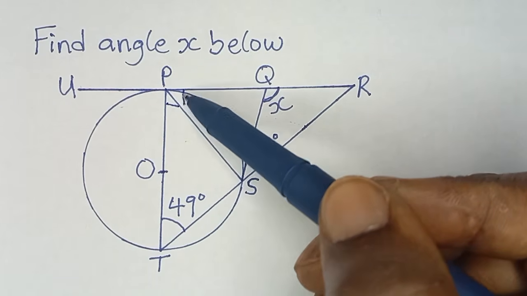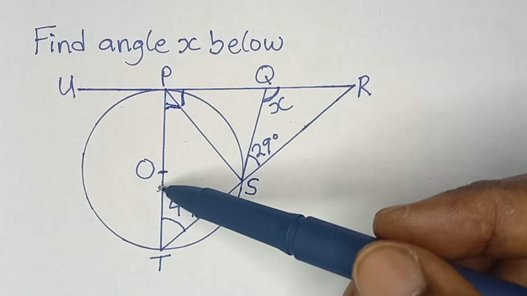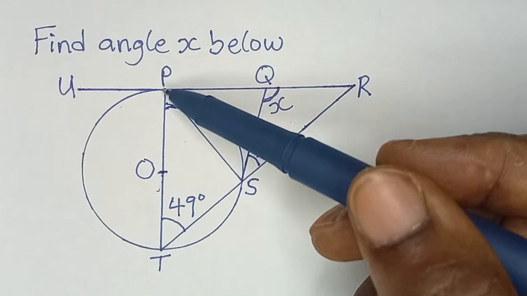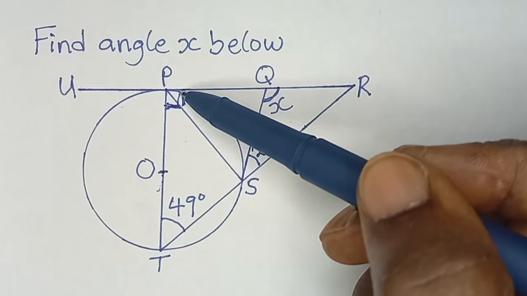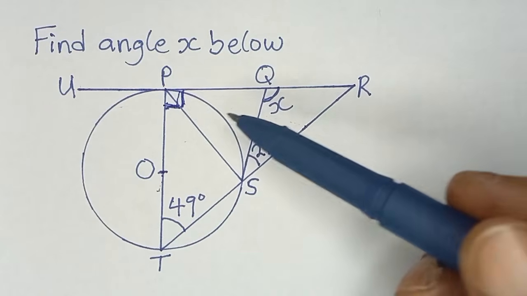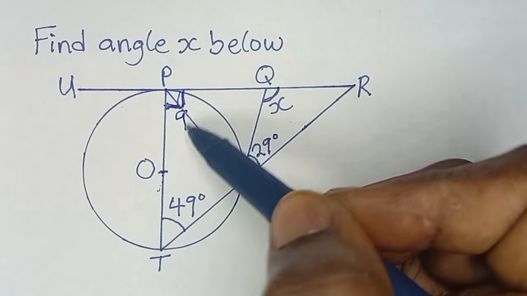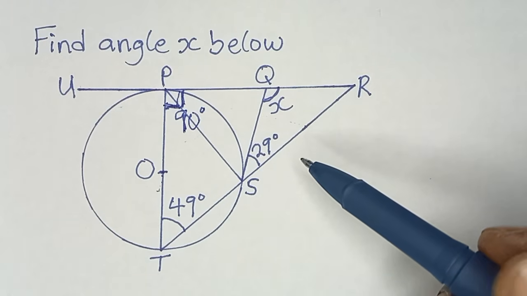Take note of that theorem. That theorem states that a line drawn from the center of a circle onto a tangent at the point of contact is perpendicular to the tangent, or is right angle to the tangent, which means 90 degrees. Whether it's right angle or perpendicular, it is the same thing as 90 degrees.